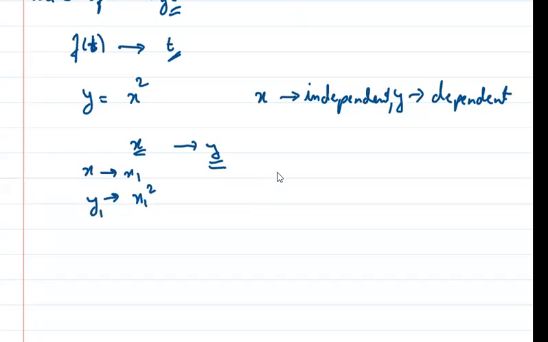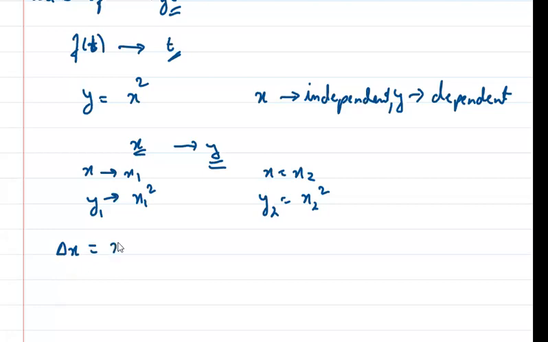Now if you put x is equal to x2, what will be y2? X2 squared, yes or no? This is clear, easy, basic sense. Okay, now my question is, what is the change in x? This delta is change. What is change in x?